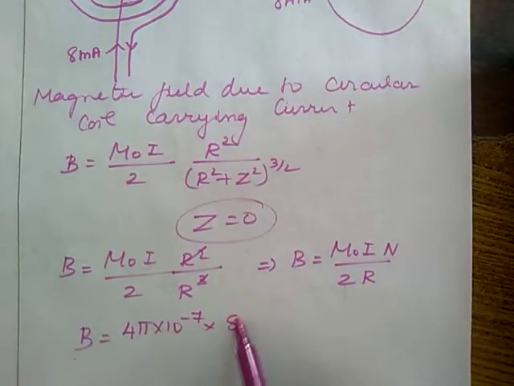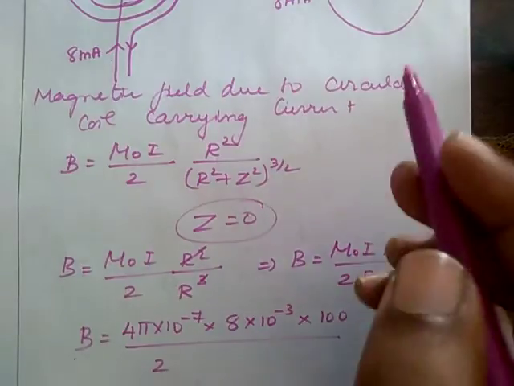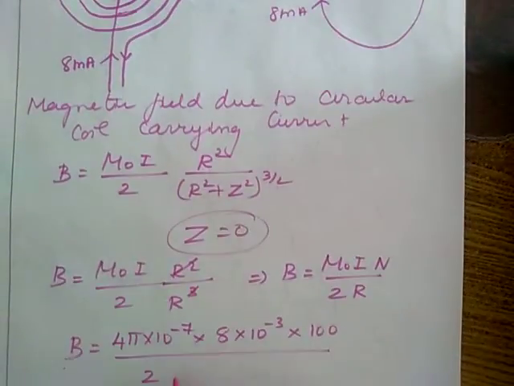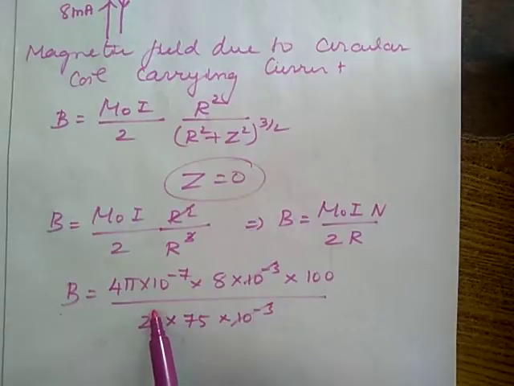Current 8 milliampere, 8 into milli means 10 power minus 3. Number of turns 100 divided by 2. Here R is the average radius, that is 75 millimeter, 75 into 10 power of minus 3. Here we can cancel 10 power minus 3 with 10 power minus 3.